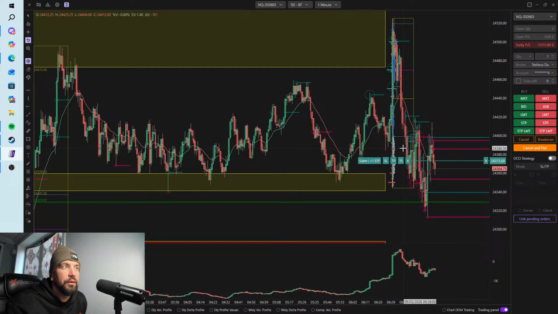If we break back above here, we probably will go up, because we are bouncing off the buyer high. On the higher time frame of things, we are looking.